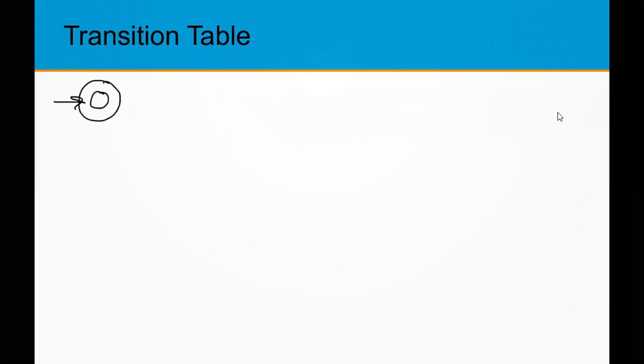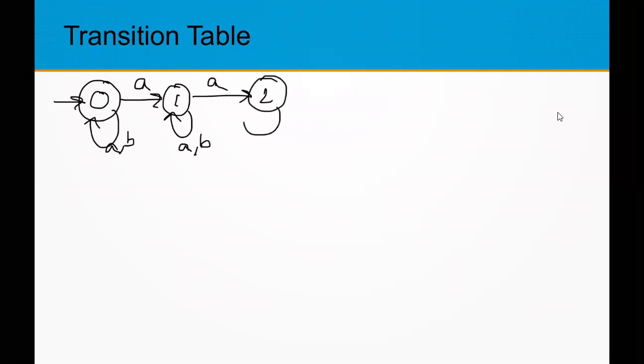Here I have state 0, with a transition to 1 on A, and a loop on A and B. State 1 also has a loop on A and B, and there is a transition to state 2 on A. State 2 also loops on A and B, and there is a transition on B to state 3, which is the final state.